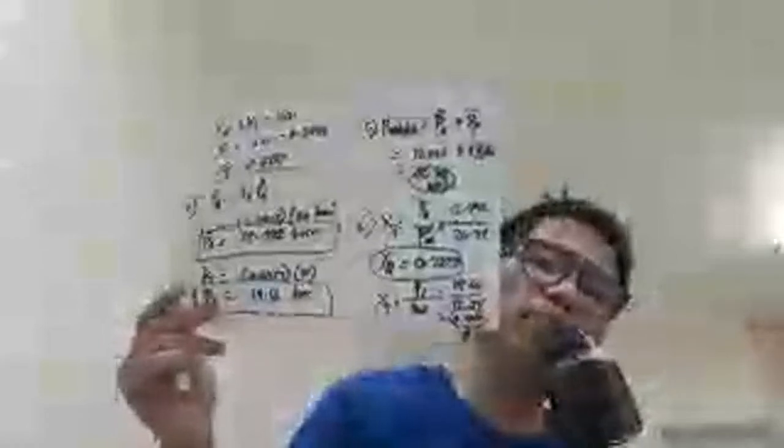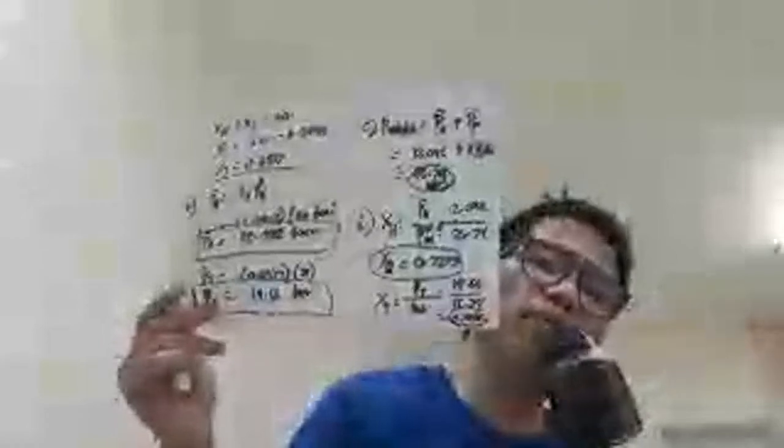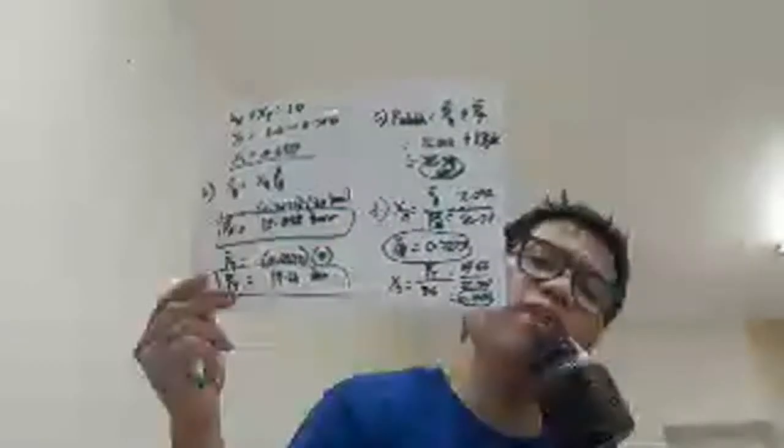So the mole fraction of toluene in the vapor is 0.5482, and the mole fraction of heptane is 0.7223. So in the vapor state it became higher.